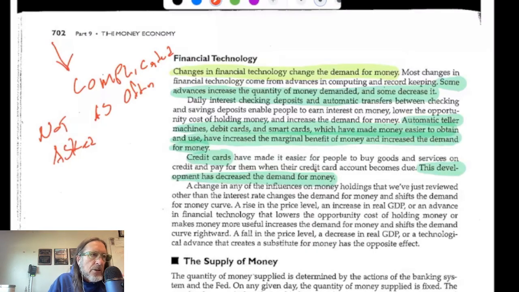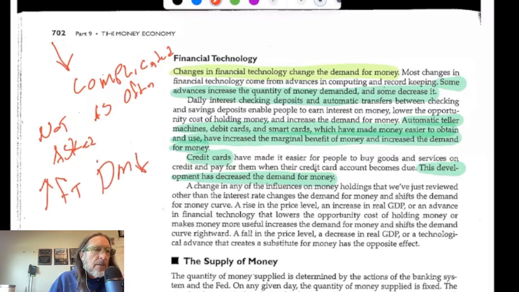The access to debit cards has changed the way things work. And so the increase in technology on those kinds of fronts decrease the demand for money. So the increase in financial technology can decrease the demand for money, but it doesn't always just go that way.